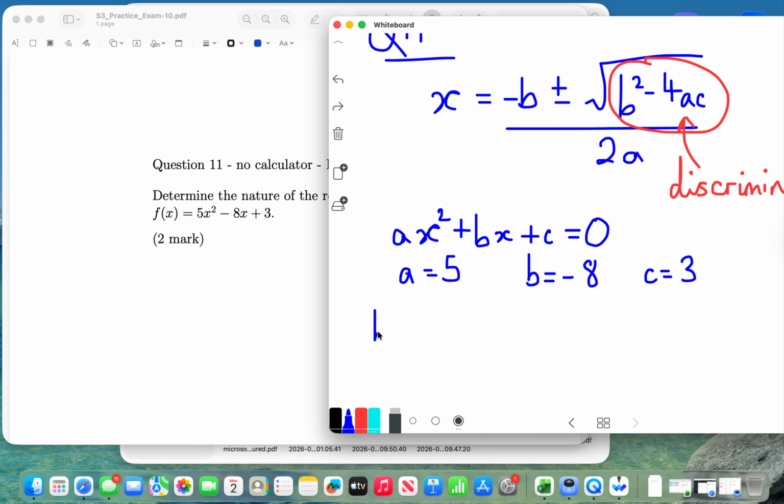Let's find the discriminant. So b squared minus 4ac is minus 8 all squared. Take note of the fact I'm putting brackets around the minus 8. Minus 4 multiplied by 5 multiplied by 3.